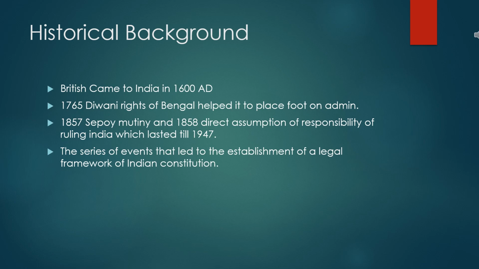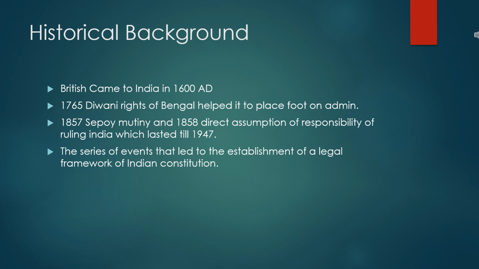By the end of the Sepoy Mutiny in 1857 and the Government of India Act of 1857, the Crown assumed direct responsibility of ruling India, which lasted till 1947.